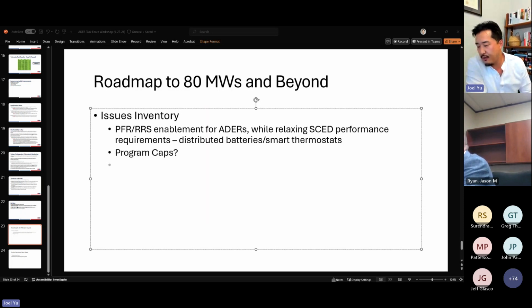Going back to the program cap topic, I think this is another opportunity for low-hanging fruit, something we can do in the governing document without too many changes on ERCOT's front. This gets to one of Commissioner Gladfelty's questions about larger sites participating in ADER.